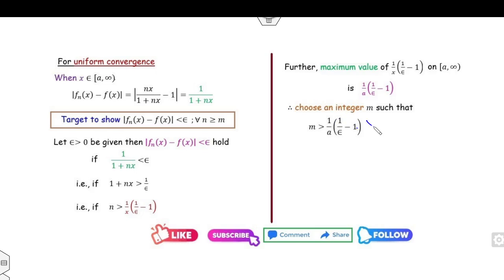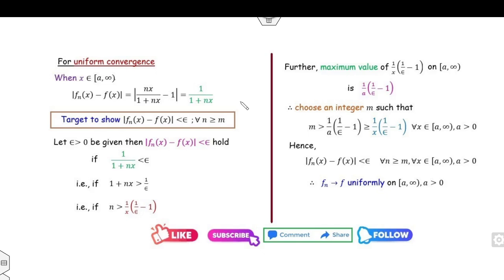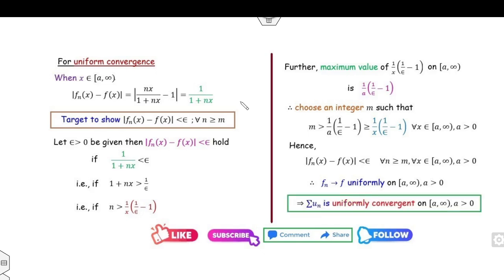Because this is the maximum value of 1 over x epsilon minus 1 for all x in the domain, we are able to choose the value of M. Hence, the series is uniformly convergent on the closed interval a comma infinity, where a is strictly greater than 0.